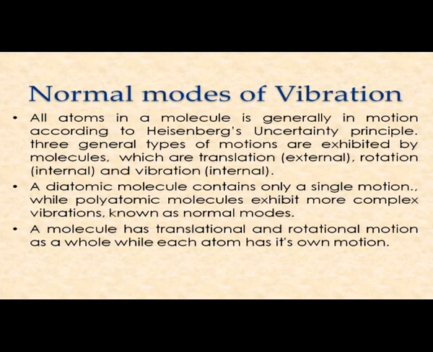A diatomic molecule contains only a single vibration, while polyatomic molecules exhibit more complex vibrations known as normal modes. A molecule has translational and rotational motion as a whole, while each atom has its own motion.